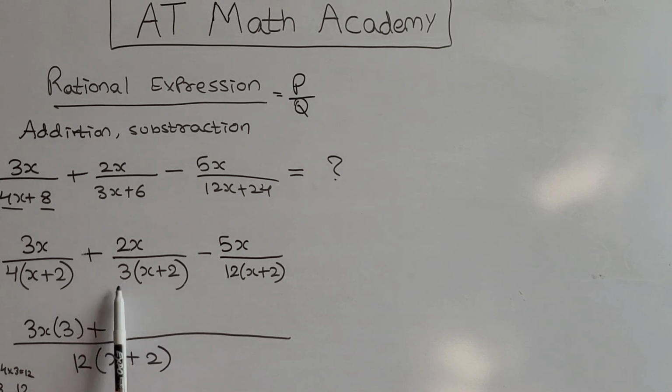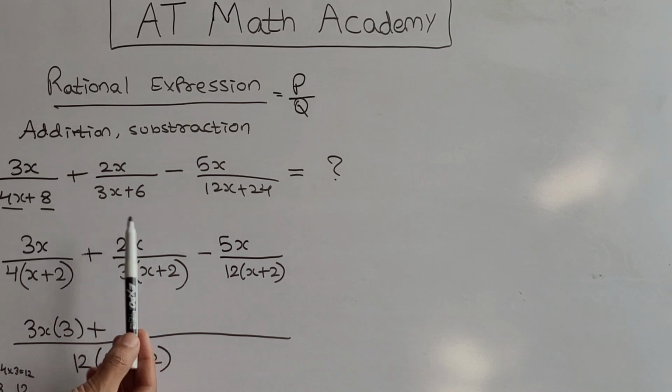When you move on to the second term, I have 3 into x plus 2, and I want to make it 12 into x plus 2. In order to do so, I need to multiply 3 with 4. 3 times 4 is 12. So I am making this denominator the common denominator. When I multiply the denominator with 4, for the fraction to keep the same value, we need to multiply the numerator with 4 too.